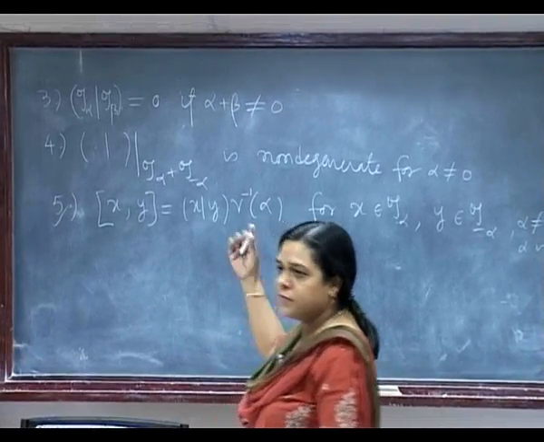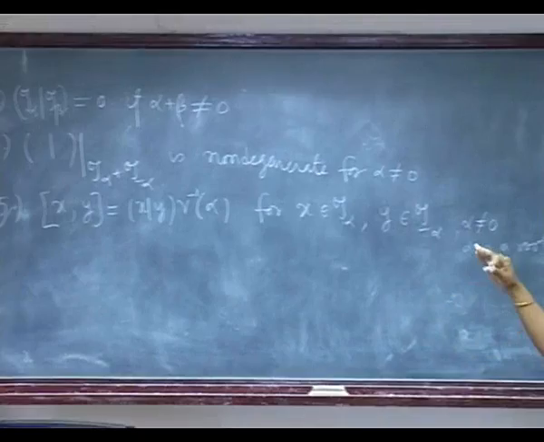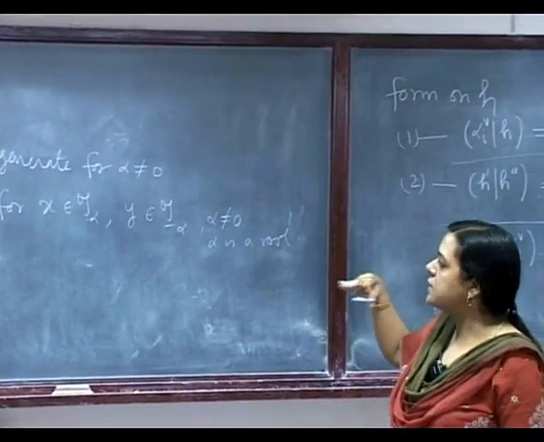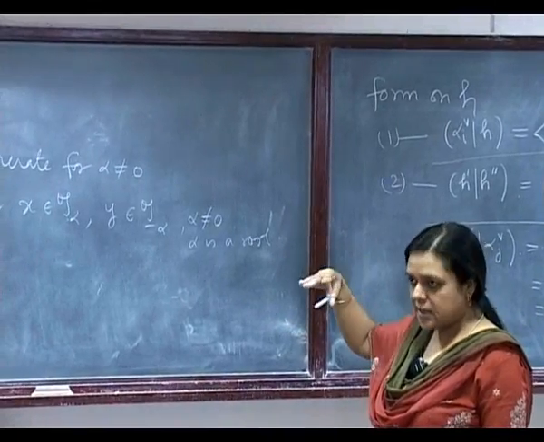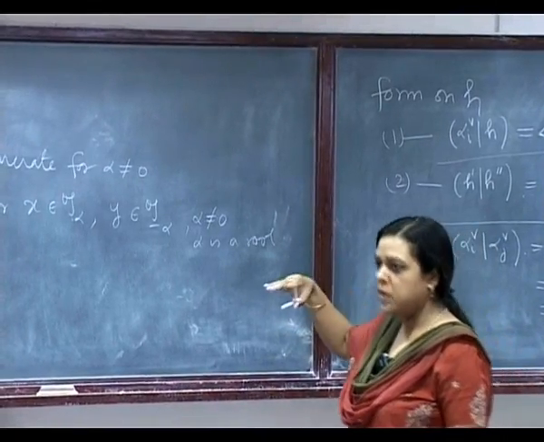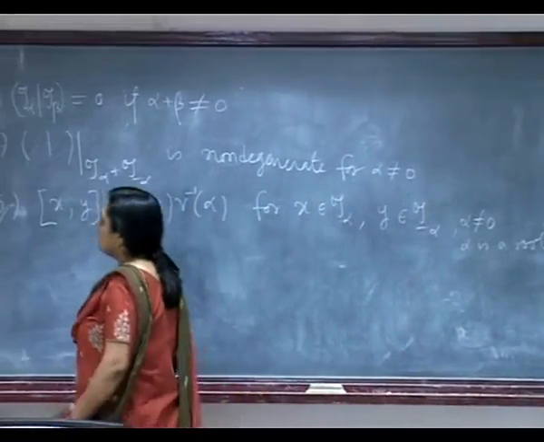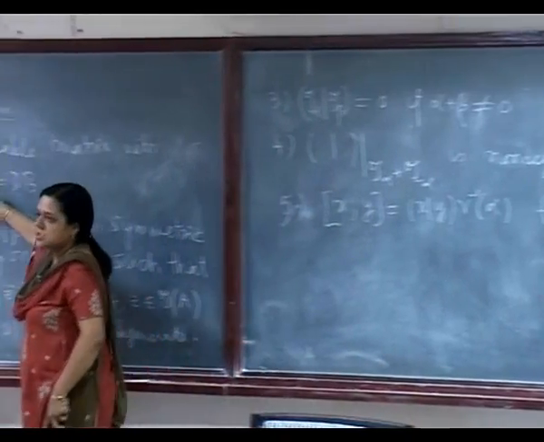Whatever I have told till now was true for any symmetrizable matrix A. Now I am restricting the same thing to a symmetrizable generalized Cartan matrix. In that case we have a simpler decomposition.